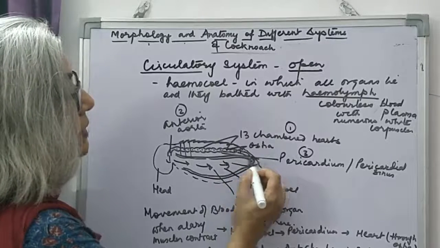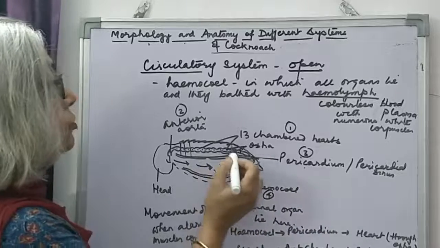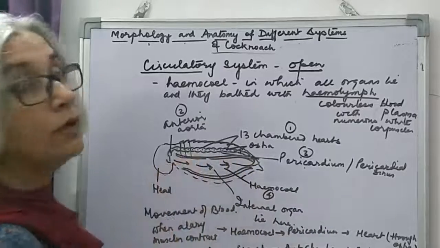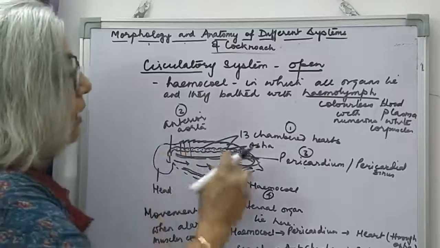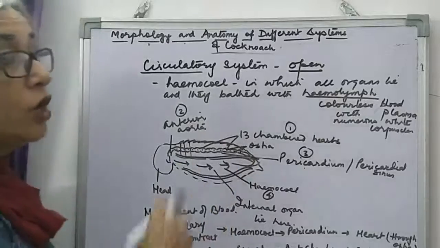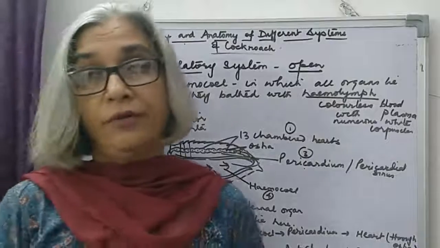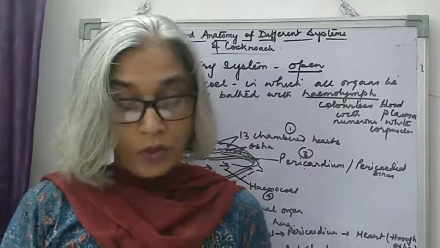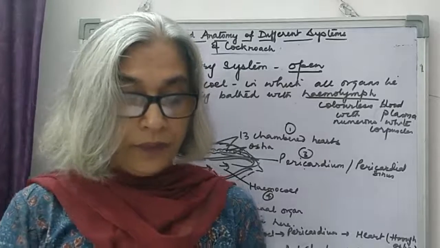Here, this is the arrow from hemocoel into the pericardium, through the ostia into the heart, and this is the anterior aorta, from the anterior aorta back into the hemocoel. And it does not contain hemoglobin, so does not help in respiration, but only transports food and carries away the wastes.